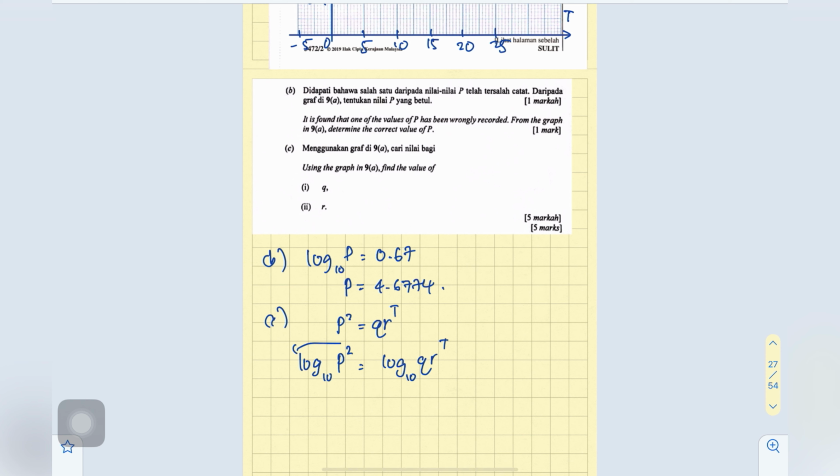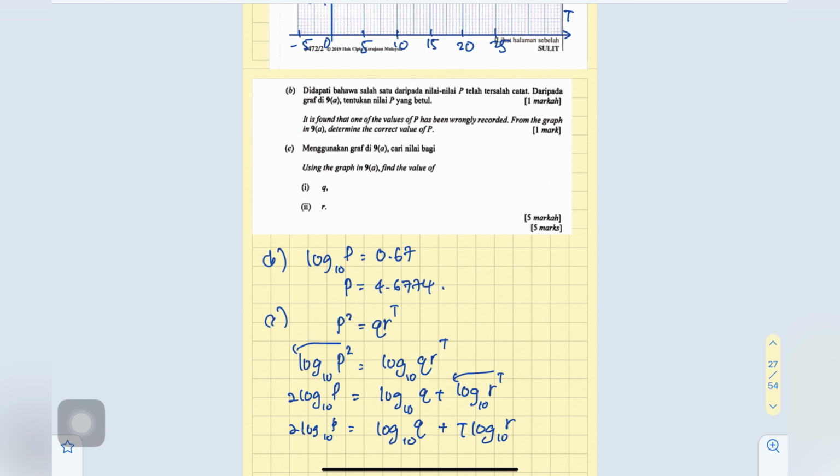Okay, ni kita turunkan to log P base 10 equals to, this one kita pecahkan dulu, log Q base 10 plus log R power of T base 10, guna laws of logarithm. Okay, so ni pun kita boleh turunkan. So this one to log P base 10 equals to log Q base 10 plus T log R base 10.